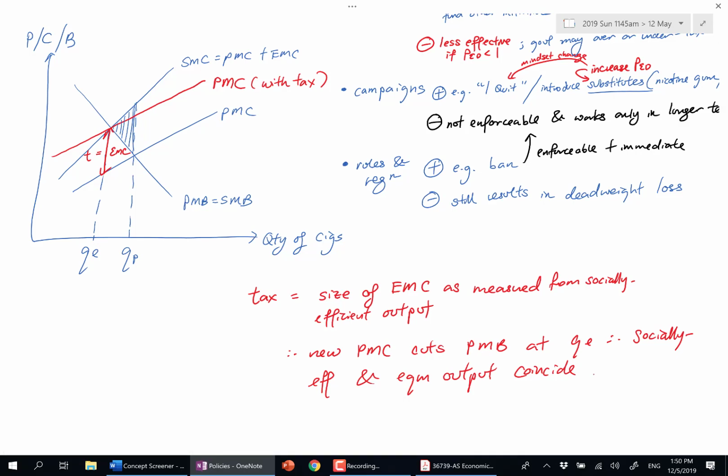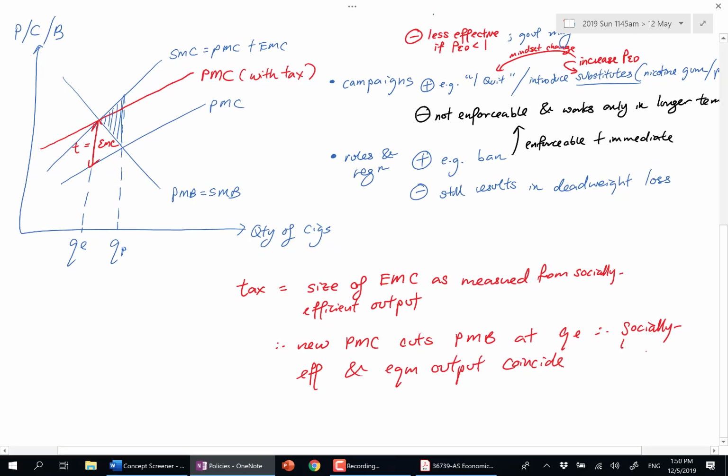Socially efficient, if you remember, is where social curves cut. Equilibrium is where private curves cut. So the new PMC cuts PMB at QE. This is the new private equilibrium given the tax.